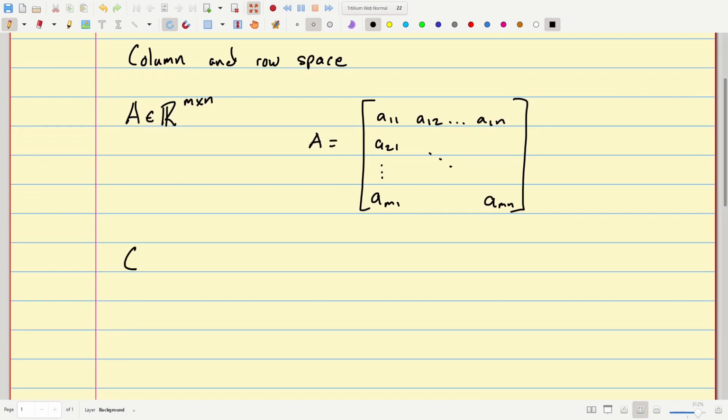If we talk about the column space of A, the column space is the span of the columns of A.